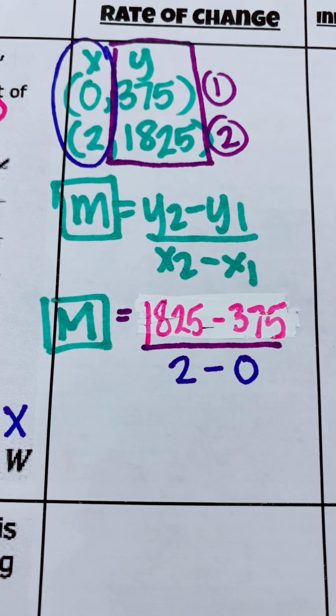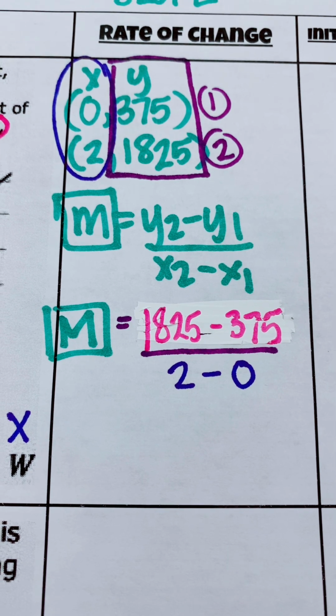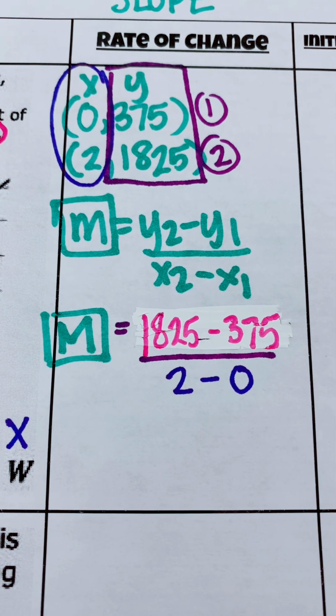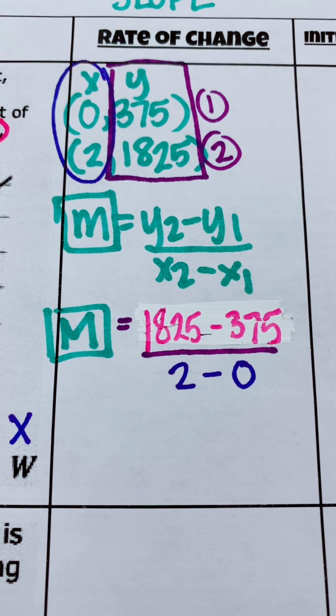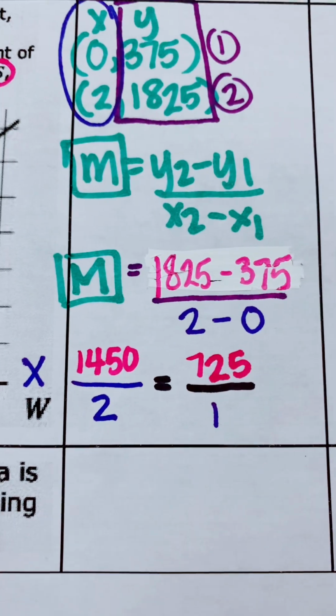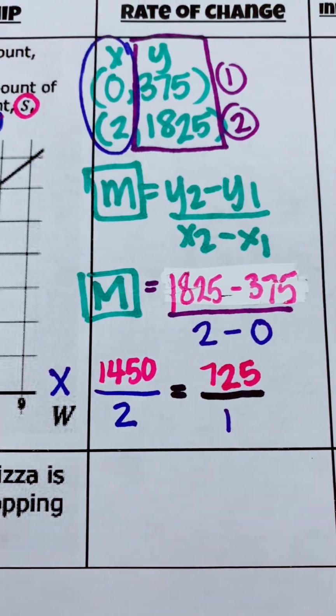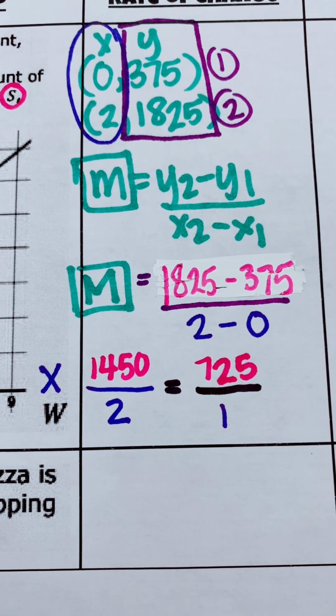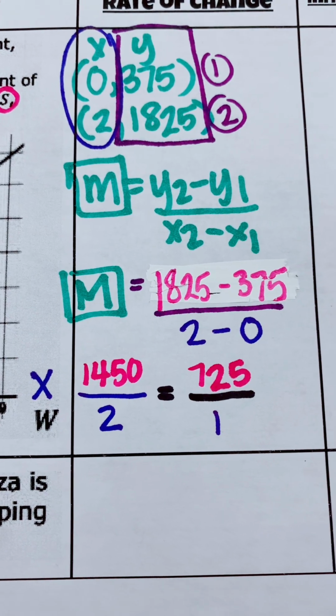So y2 minus y1 is 1825 minus 375, and x2 minus x1 is 2 minus 0. When you subtract, you get 1450 over 2. Well, 1450 divided by 2 is 725.